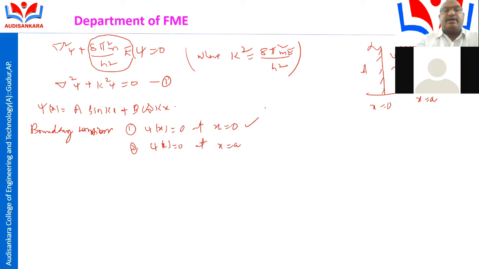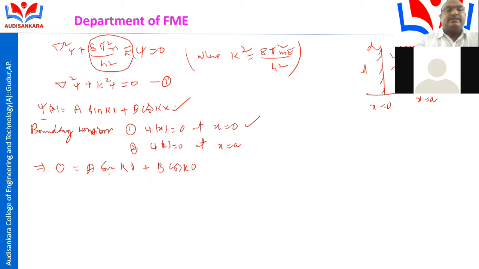Apply the first boundary condition to the above equation. Substitute x is equal to 0 in psi of x: 0 is equal to a sin 0 plus b cos 0, right?